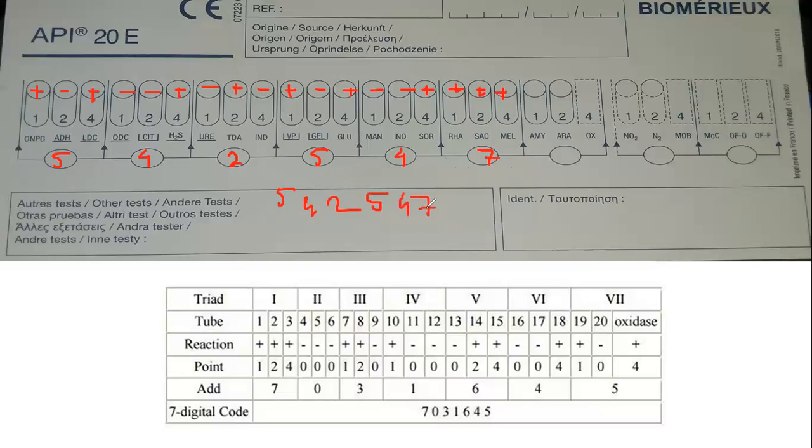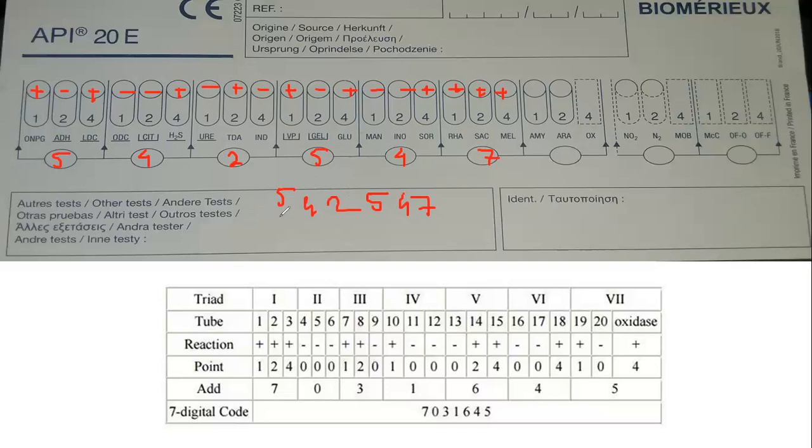Then you will have a dictionary-type big book. I think you have been shown a dictionary. Just as in a dictionary we find a specific word, in this book you have to find your specific code, and every code represents a special type of bacteria.